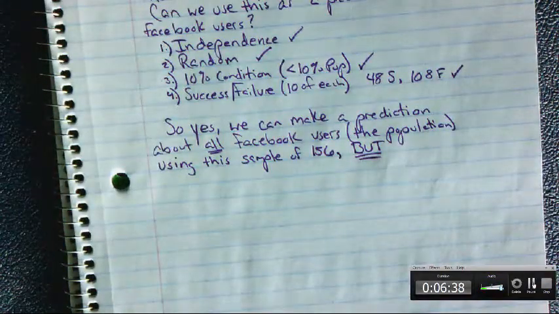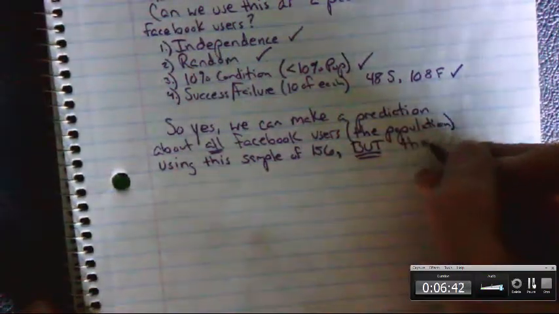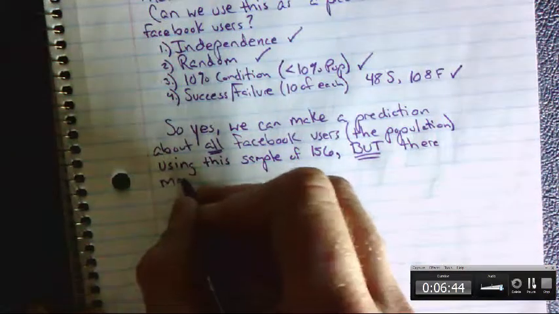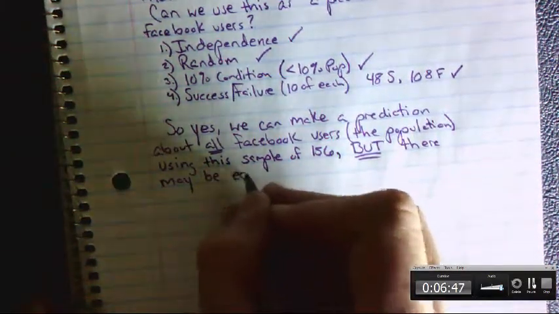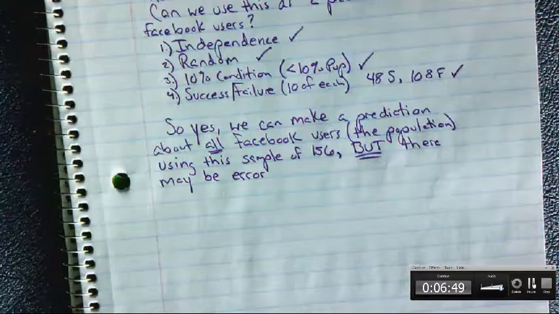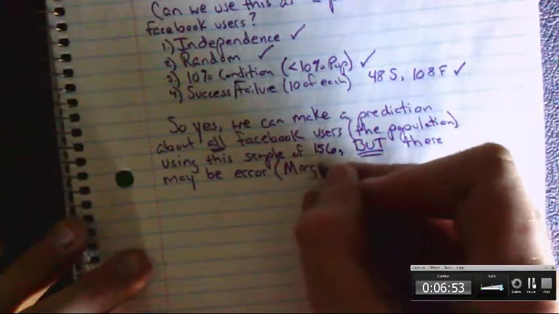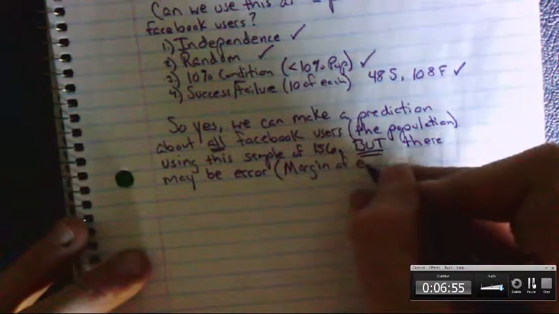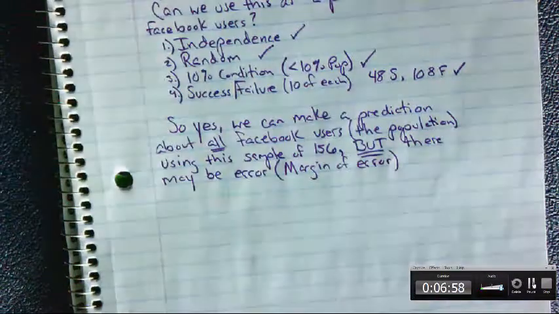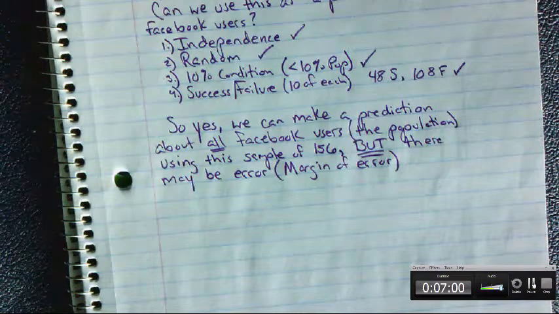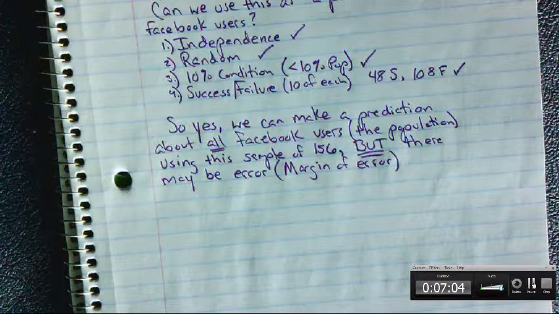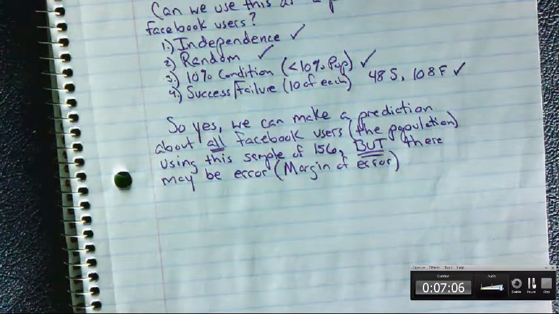And with anything you do in statistics, there may be error. And what this is going to be called in this section is the margin of error. We have a specific margin of error. And if we want to control for error, we don't say, hey, 35% of Facebook users update their account daily. If we want to control for error, we have to create a what?